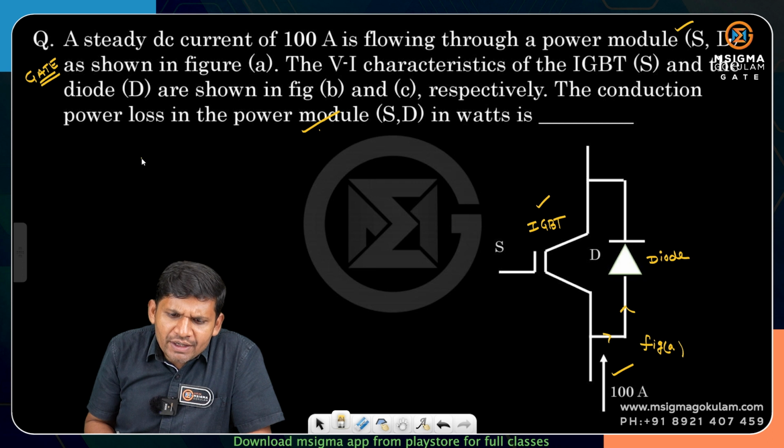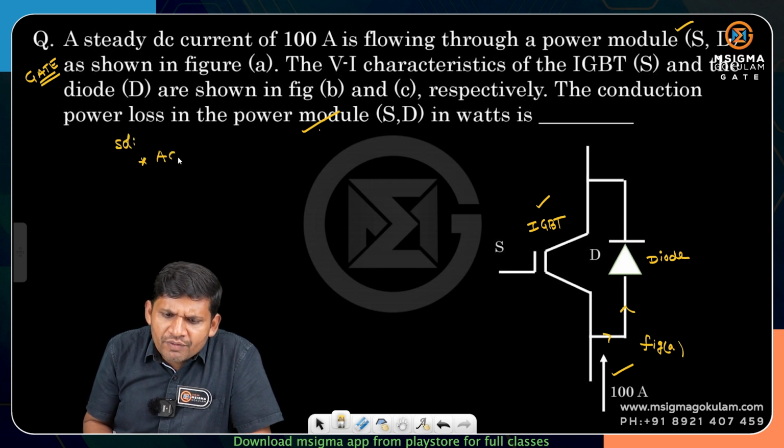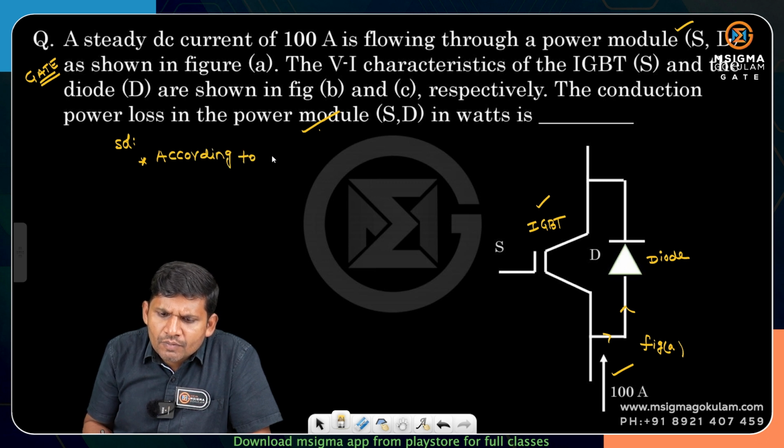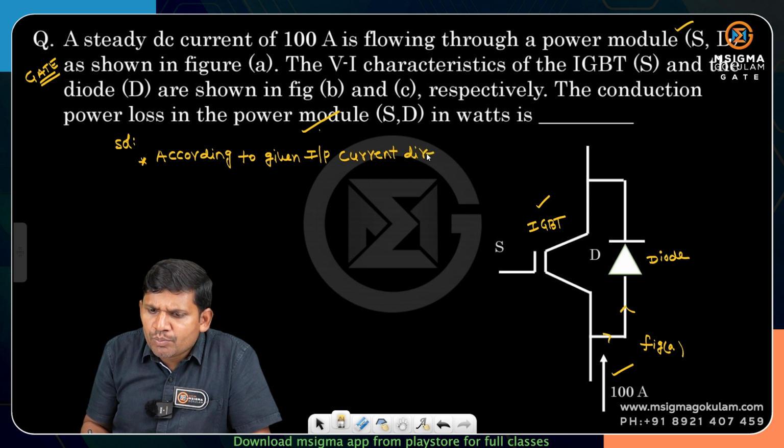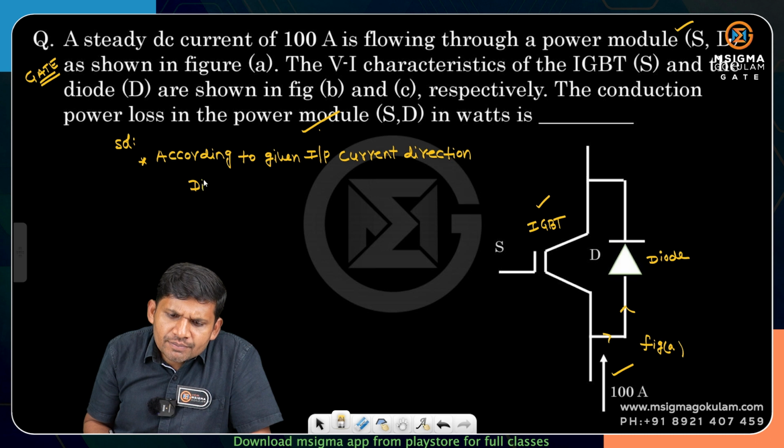Therefore, you have to write: according to the given input current direction, which device is conducting, students?